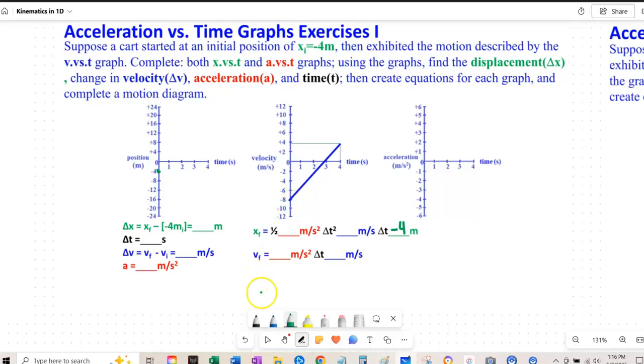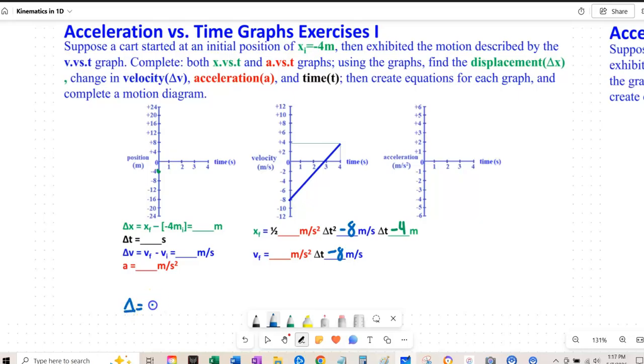It looks like our initial velocity is -8. Okay. So we know our initial velocity is -8, and we know our final velocity is +4. Well, let's figure out delta v here.